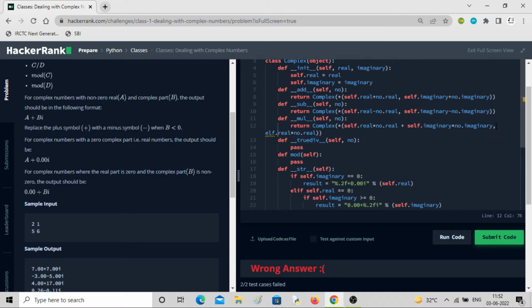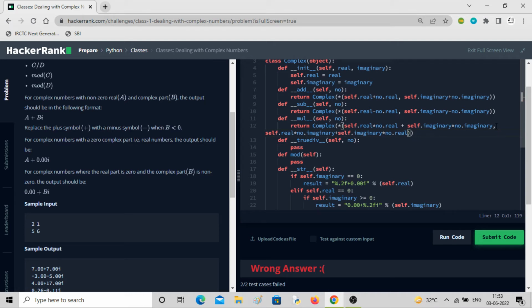So here you have self dot real multiplied with the number's imaginary part, and the reverse of it, plus self dot imaginary multiplied by number dot real. I think it was correct.